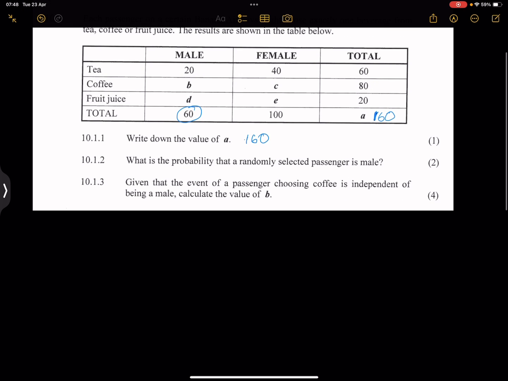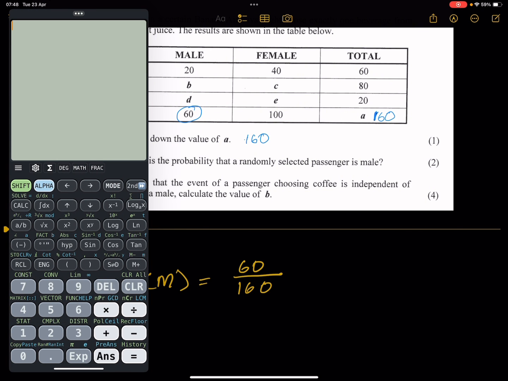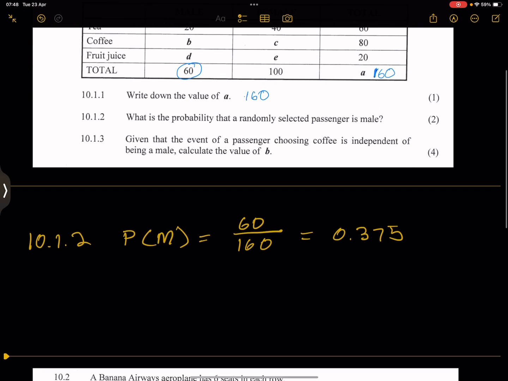So the probability of finding a passenger being a male would simply be 60 divided by 160. Okay, so I'm going to just leave it like that. If you want to, you can actually find, okay, let's just write it there. So that's 0.375.